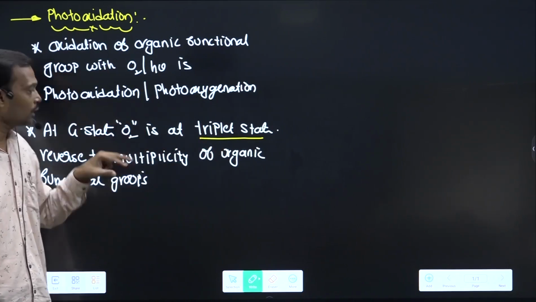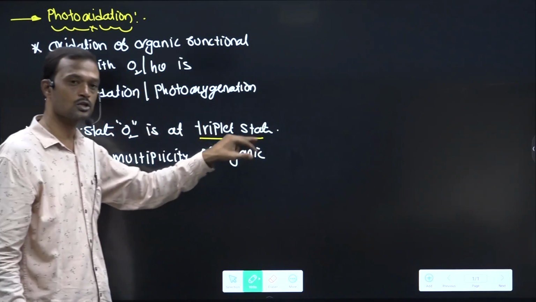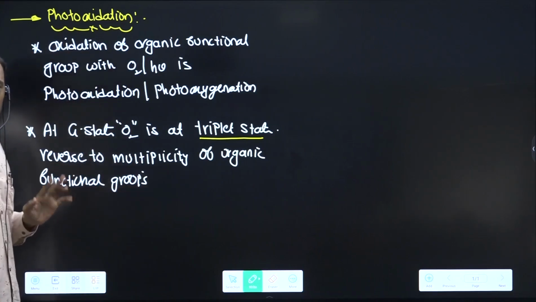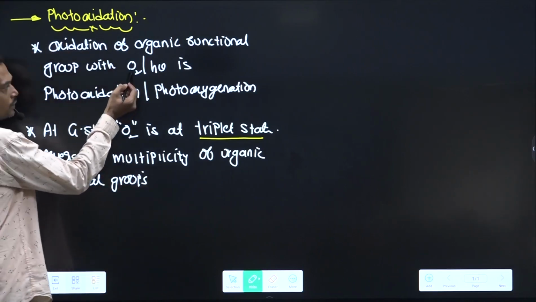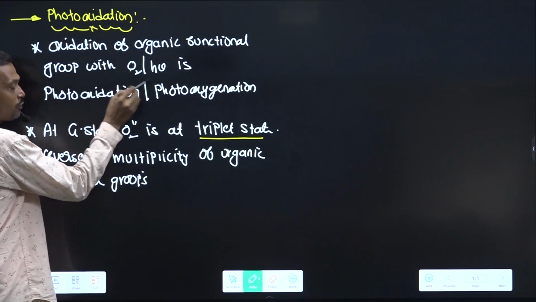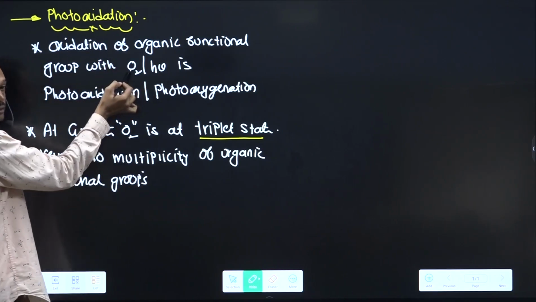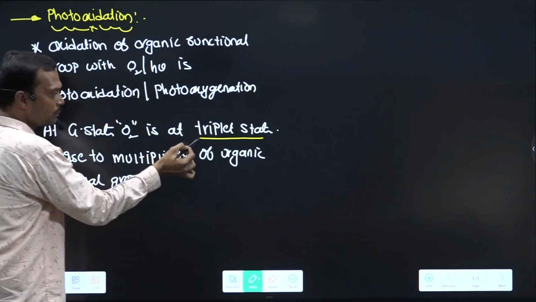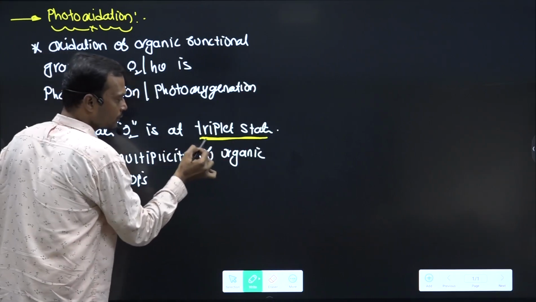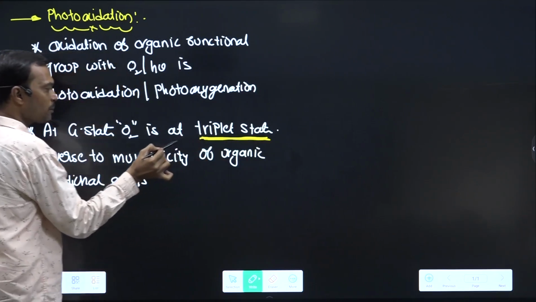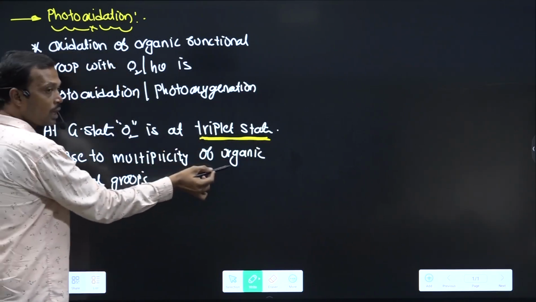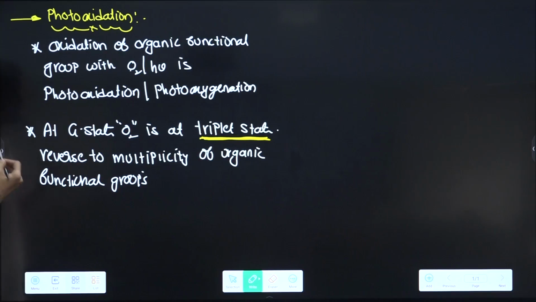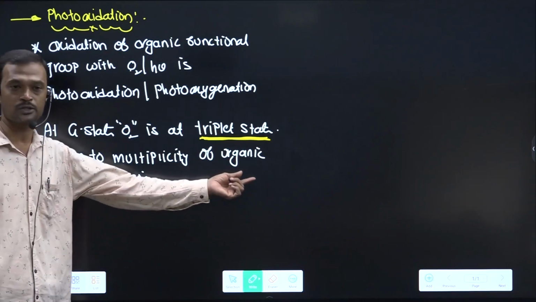Triplet. So normal oxygen is not suitable for oxidation photochemically. This oxygen is not suitable photochemically for making oxidation because it is having which state? Triplet state. So initially molecular oxygen has triplet multiplicity. Triplet multiplicity is not suitable for oxidizing organic functional groups. But all organic functional groups have what multiplicity?